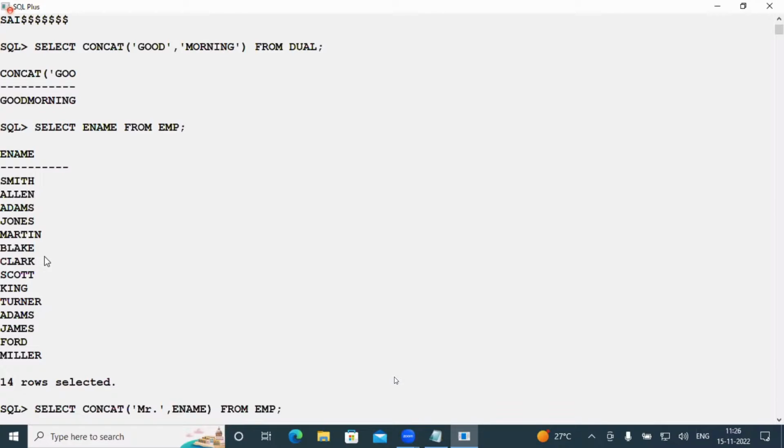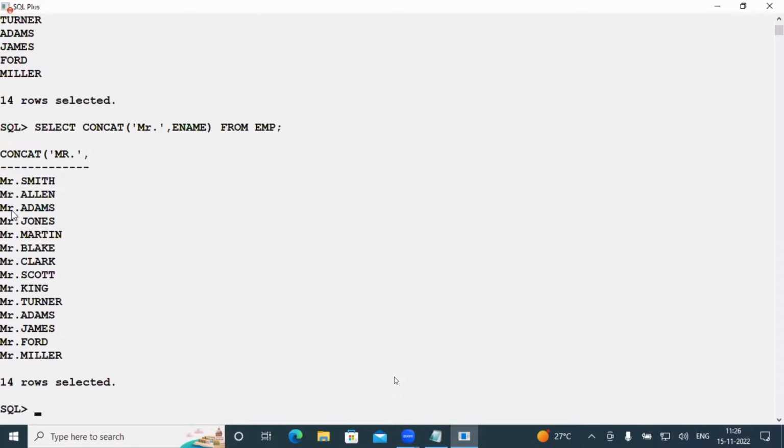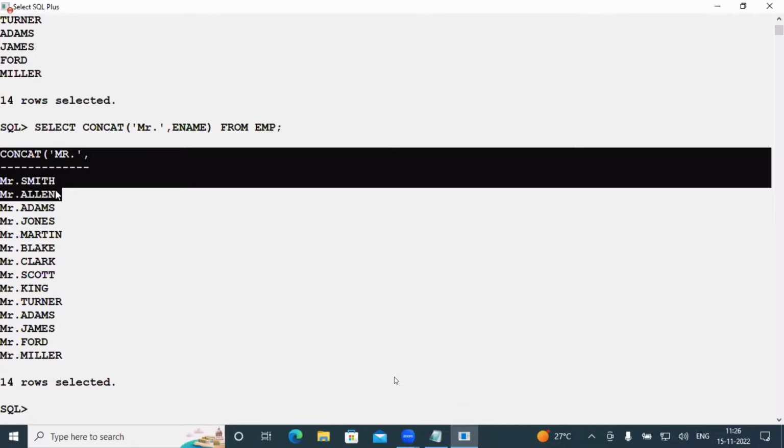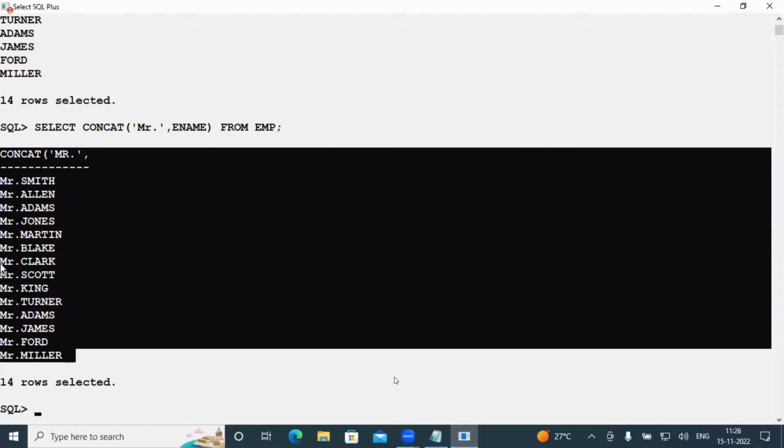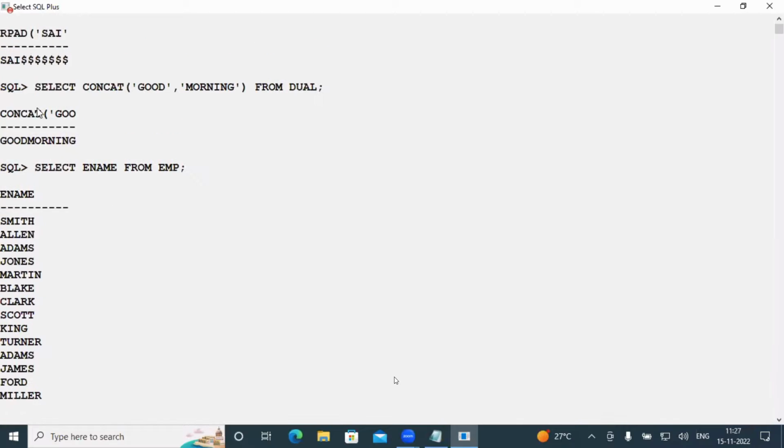Whenever you want to add Mr. to every employee name, then you can see for each and every employee name we added Mr. Understand now? Like concatenation, you can apply it to two string expressions.